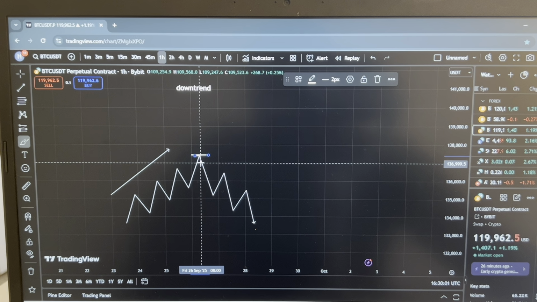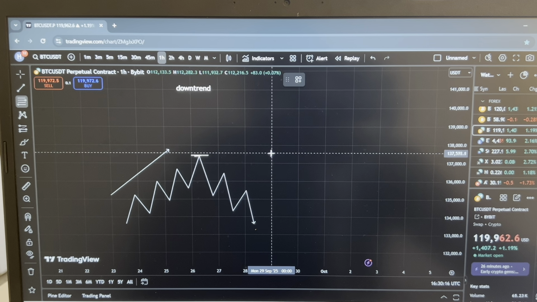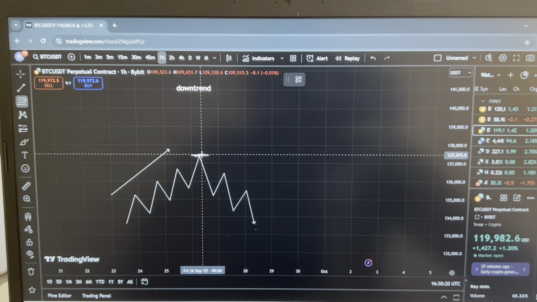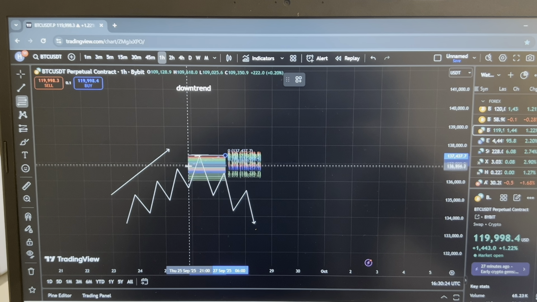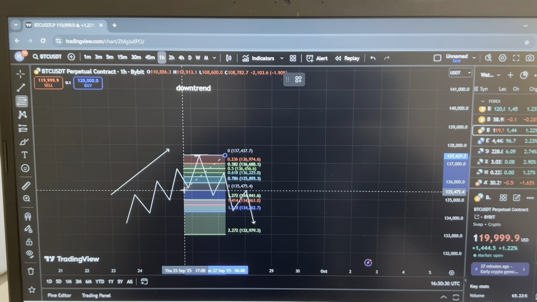And like I told you guys earlier, we need to use the Fibonacci retracement tool to the previous nearest low or high. So we have to get the Fibonacci tool, and the zero level would be coming over here, and then we have to use the previous low, as this is an uptrend.